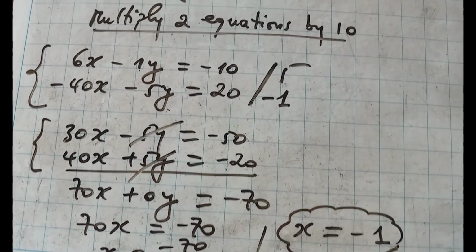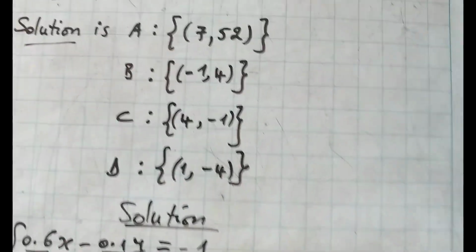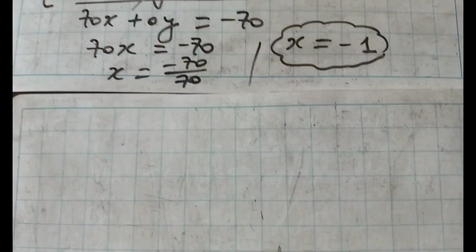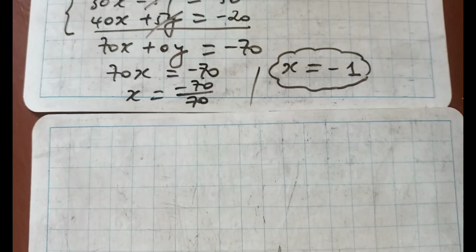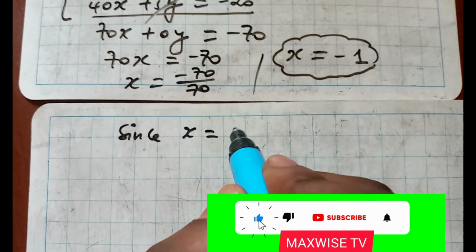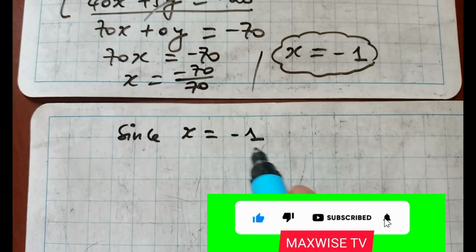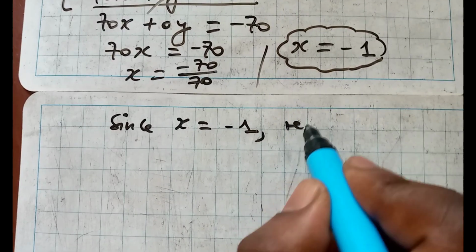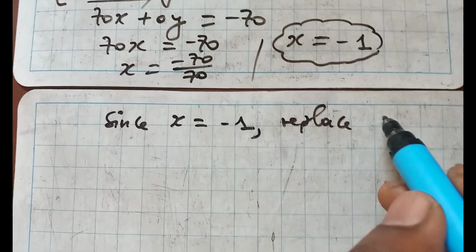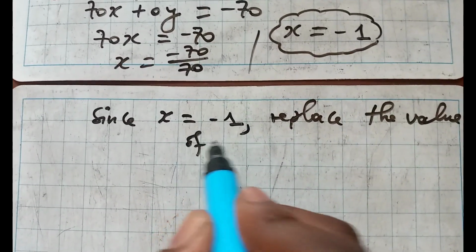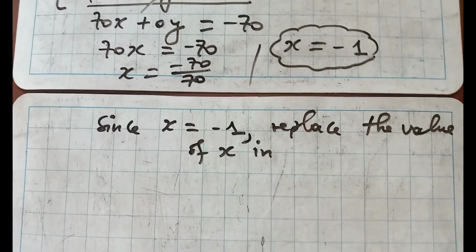I get x now. So since I get x, I have to find y, right? Since x is equal to negative 1, we have to replace the value of x in the first equation.